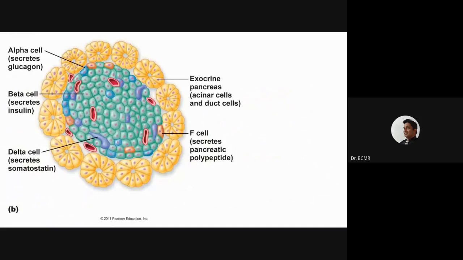If we look at the cross section of the pancreas, you would find that there are several cells: alpha cells that secrete glucagon, beta cells that secrete insulin, delta cells that secrete somatostatin. There are exocrine pancreas cells and F cells that secrete pancreatic polypeptide.